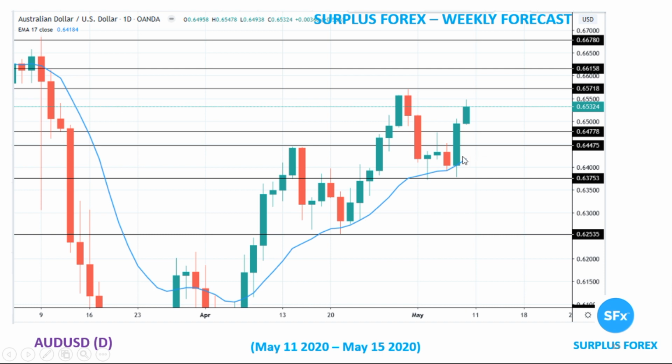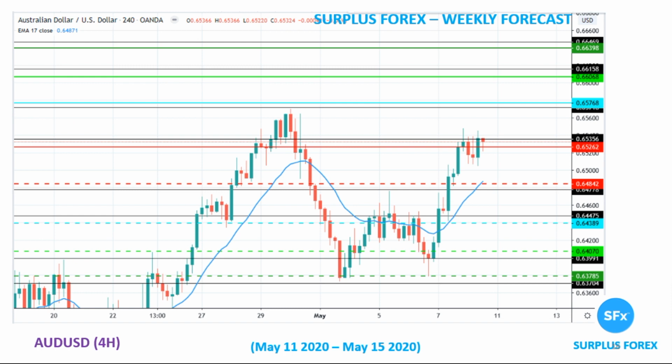On Aussie USD on a daily time frame, it's currently sitting at 65.32. It's above the EMA, it's above the downtrend line. On a daily time frame and on a 4-hour chart, how I see it, it will keep rising.